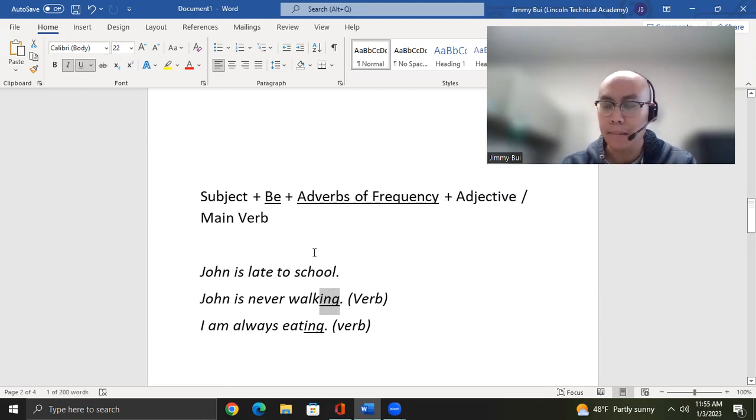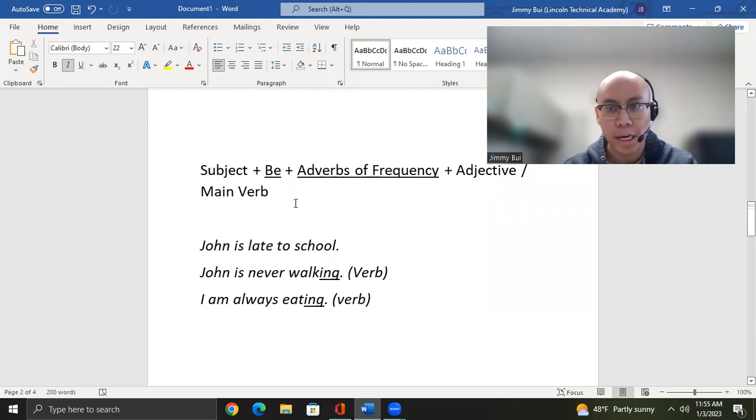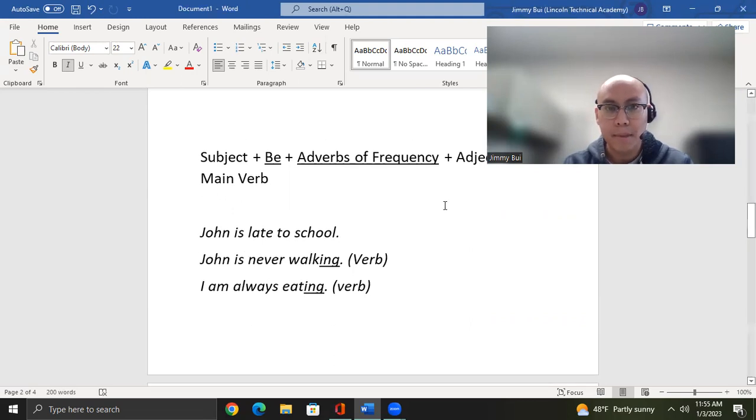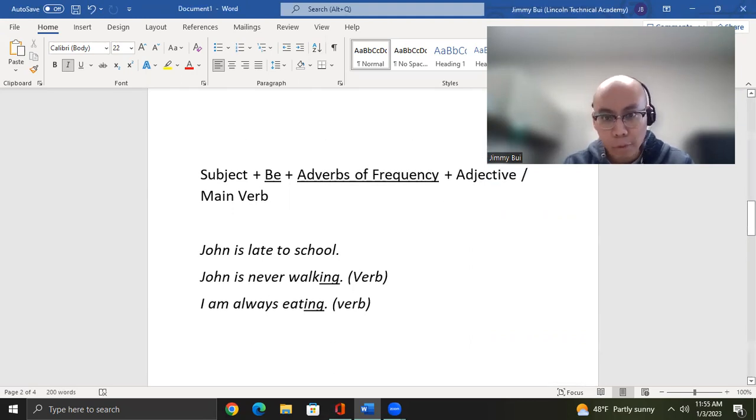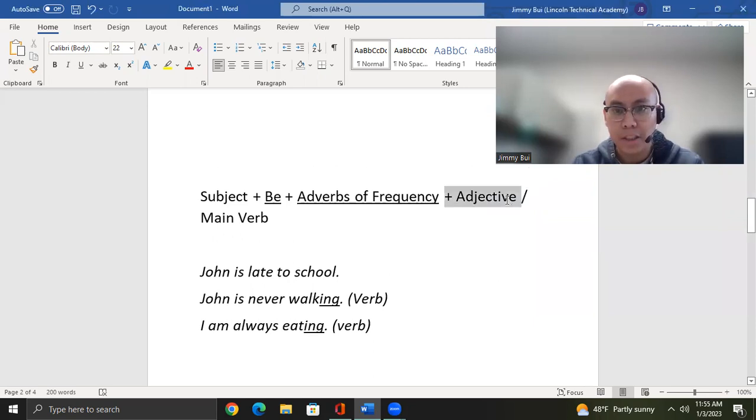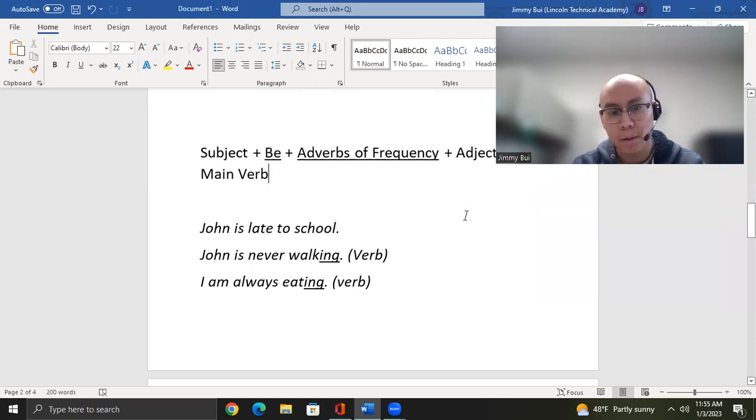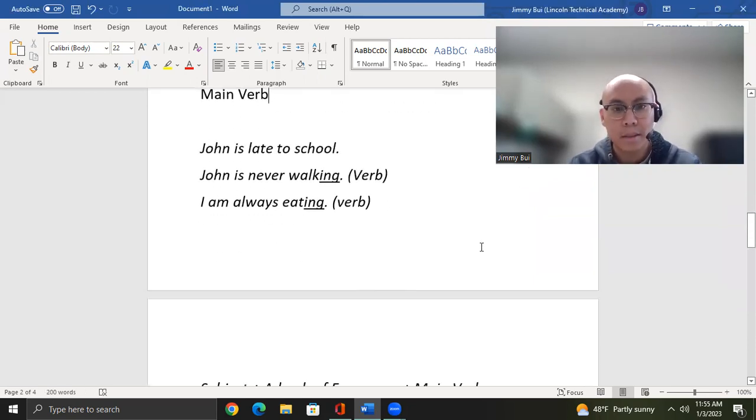Of course, we can change the adverb of frequency to show how often, how frequently, and also the adjective and the main verb depending on what we're trying to state.